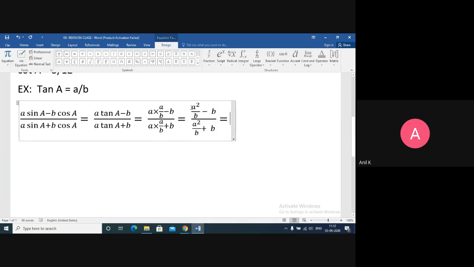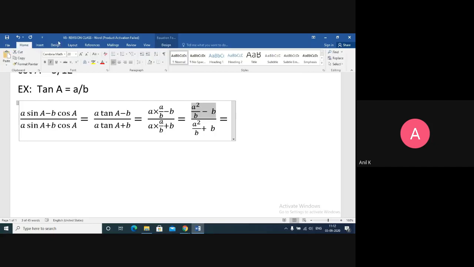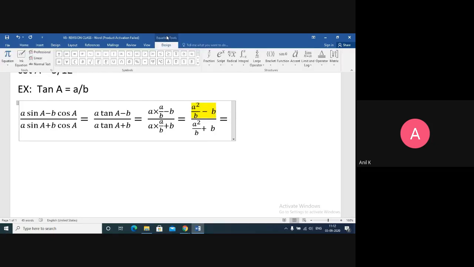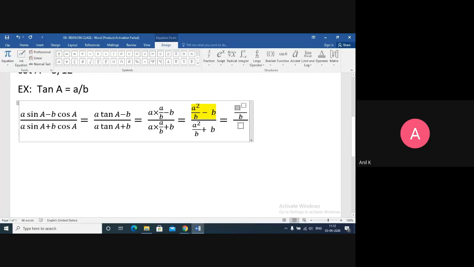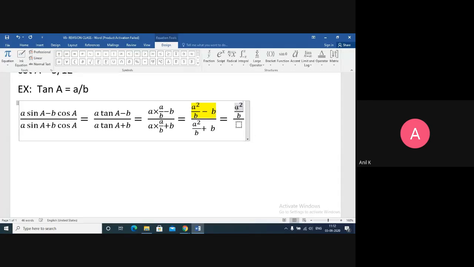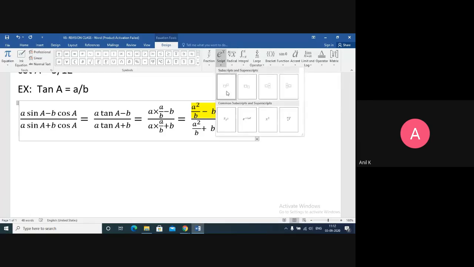If you take the LCM only for the numerator, these two terms, you will get B as the LCM. Again, it is for the fraction. LCM is going to be B, and here A square will remain A square only, minus here you will get B square.